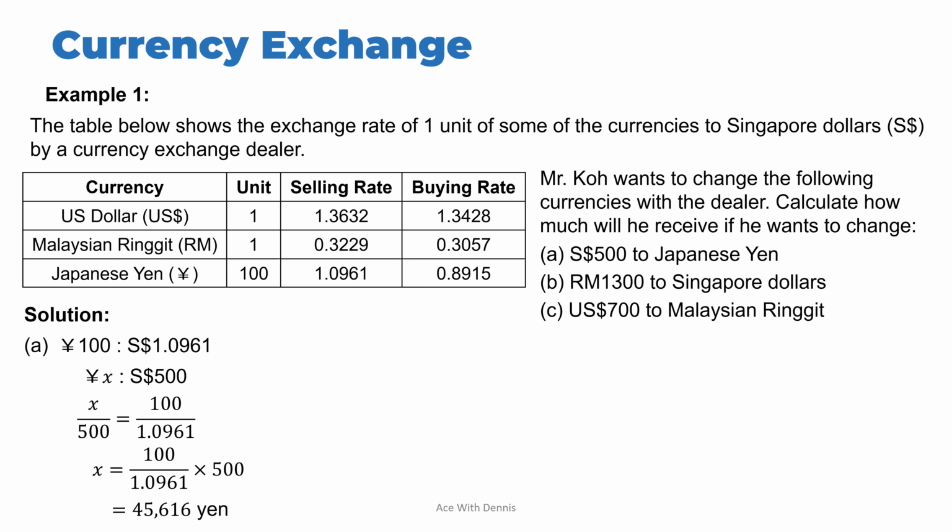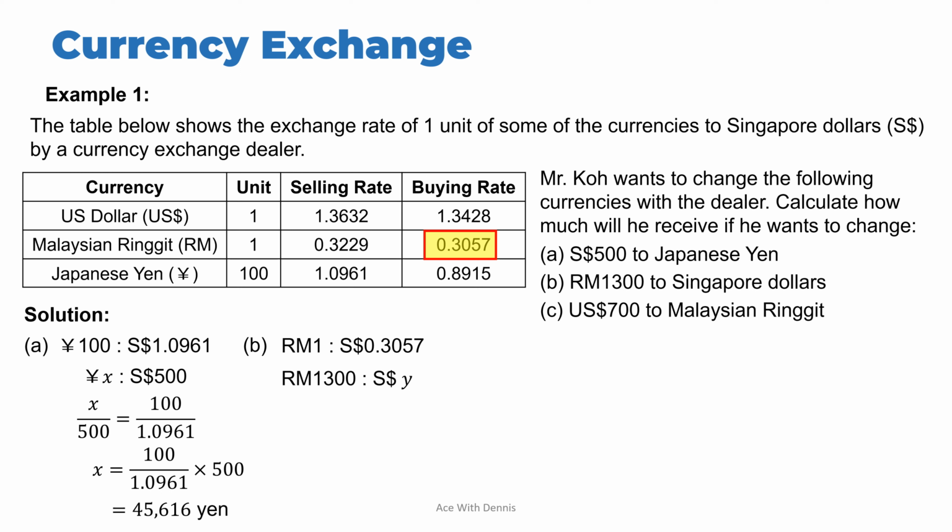Then move on to B, 1,300 Malaysian ringgit to Singapore dollars. In this case, Mr. Ko sells Malaysian ringgit to the dealer, or the dealer buys Malaysian ringgit from Mr. Ko. So we have to look at this cell. We know that 1 ringgit is to 0.3057 Singapore dollars.